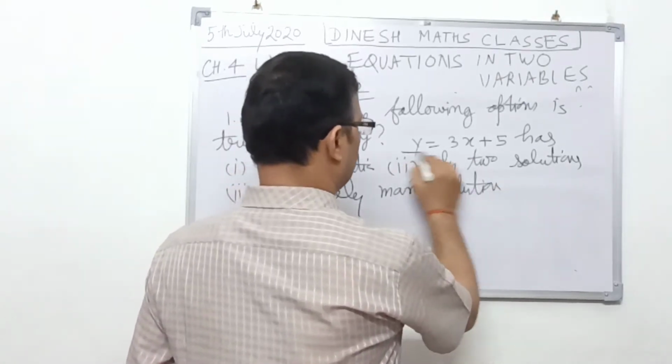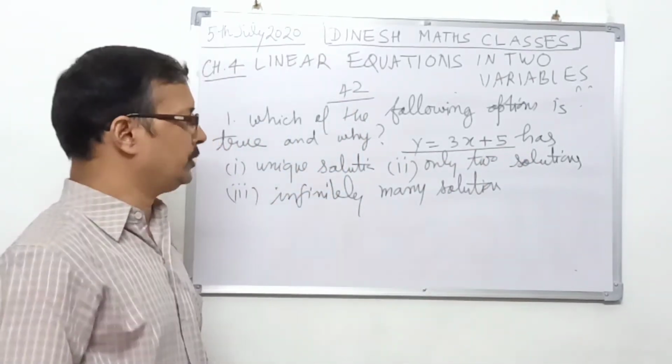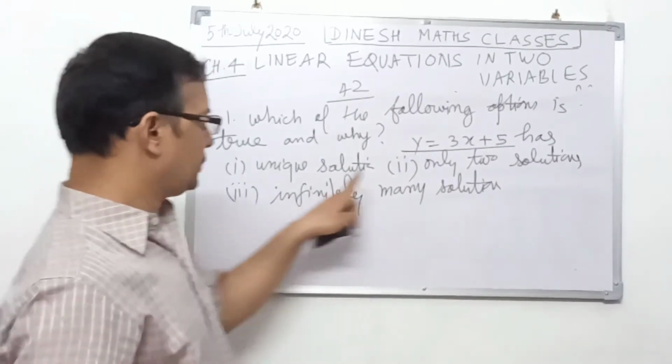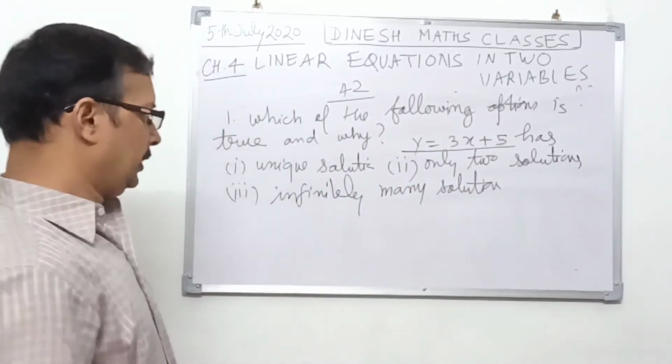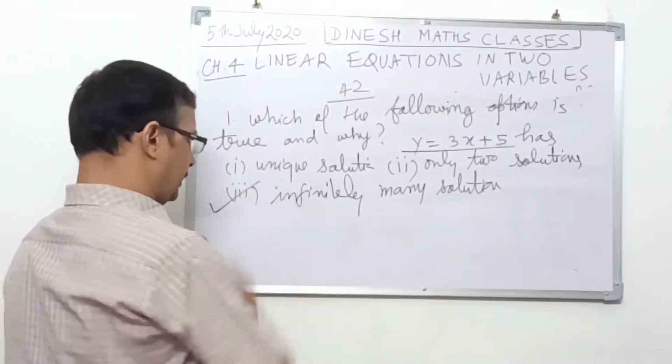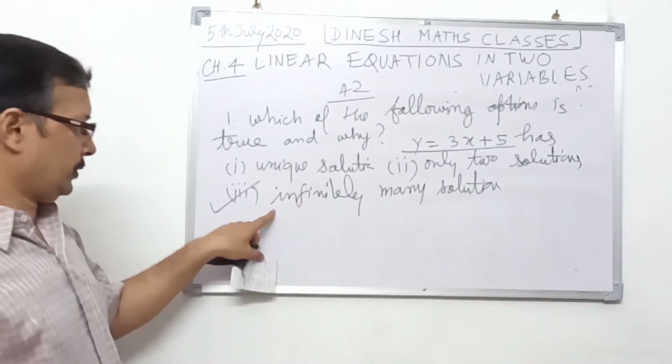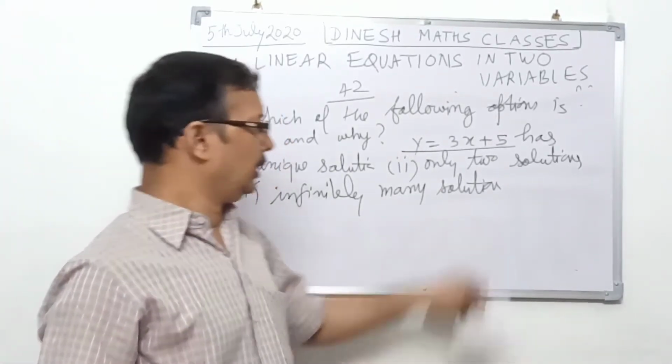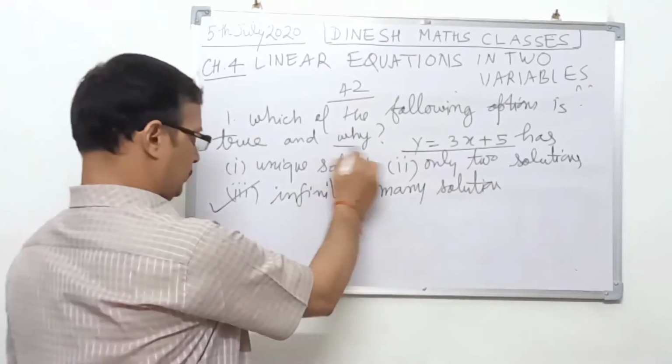So this is a linear equation in two variables, and we have just studied that a linear equation in two variables has infinitely many solutions. Therefore, this option will be correct. This equation will have infinitely many solutions, and there is a question why also.